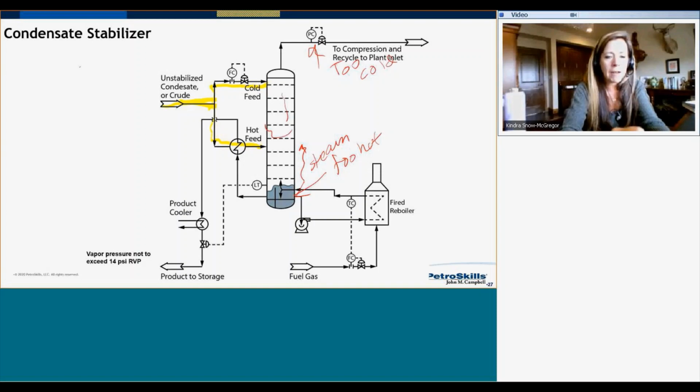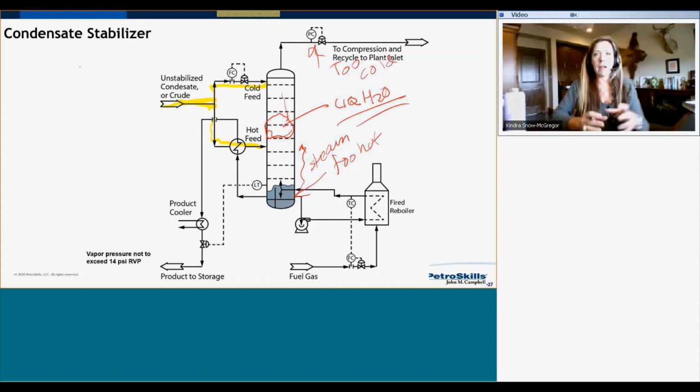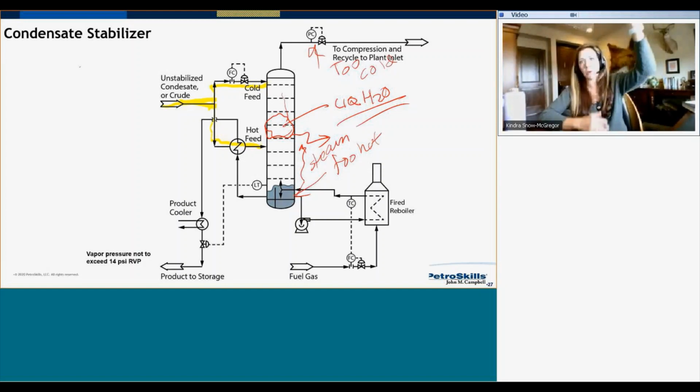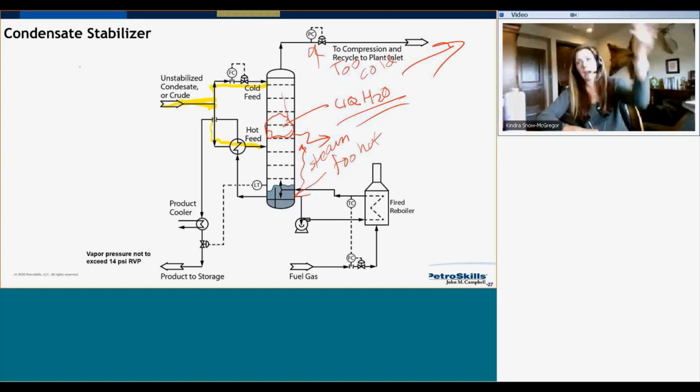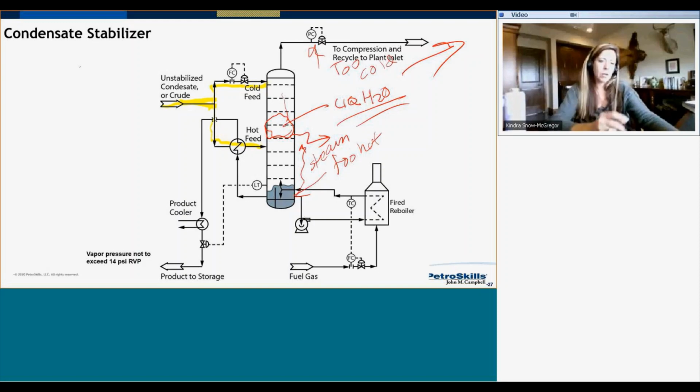And so I can get a buildup of liquid water somewhere inside the column, and then it just slowly builds up over time. If I don't have a water draw-off tray to take that water out, I'm going to have pretty significant operating problems, because at some point it's going to build up so much in that column that it just pukes up out the top, and then the column lines out, and then the process starts all over again.